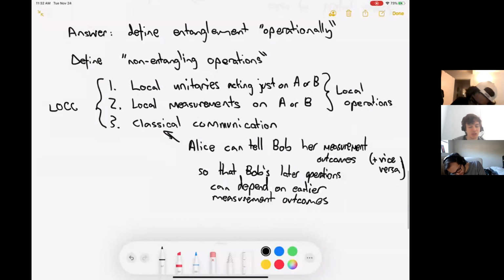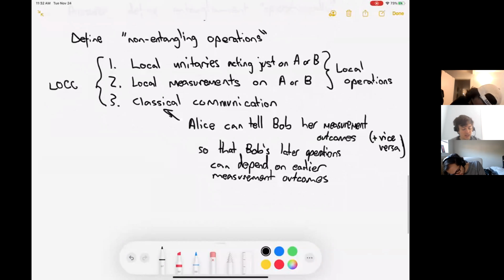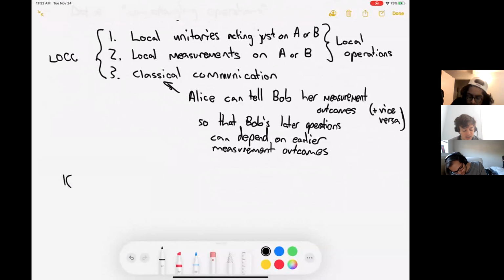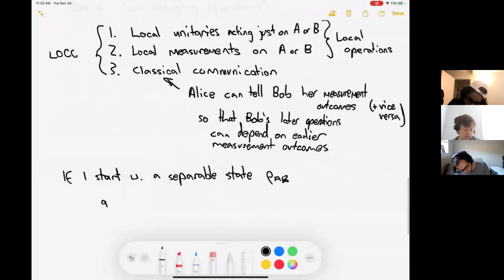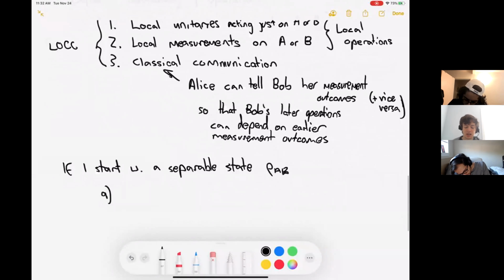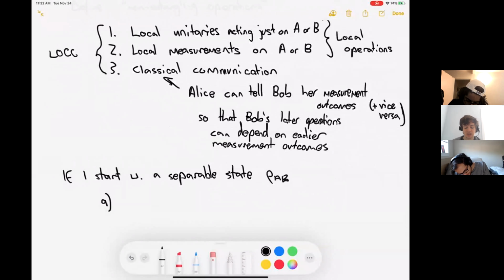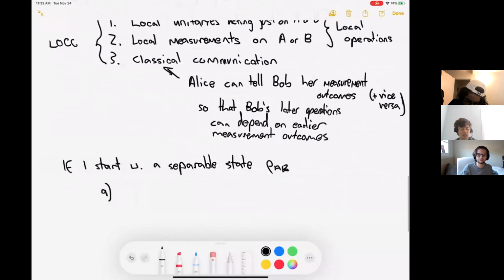Hopefully, it should be pretty intuitive that just using these three things, if I start with a separable state, rho A tensor rho B, it should be reasonably obvious that just using classical communication from Alice to Bob and local unitaries that depend on that classical communication, depend on the local measurements, then I can get from my starting separable state to any other separable state.